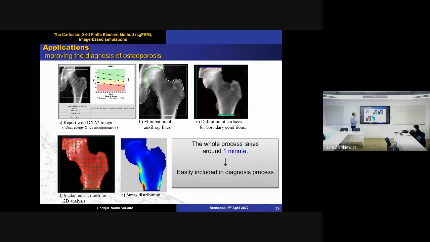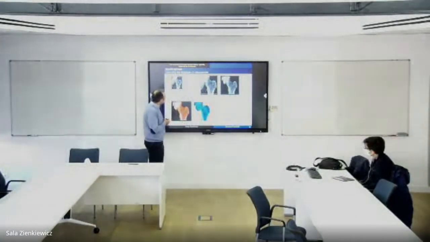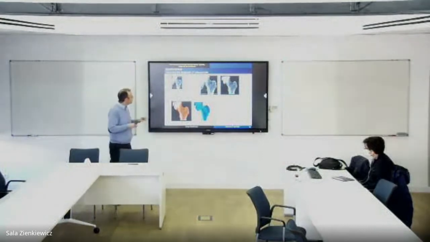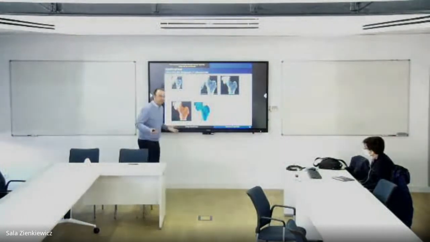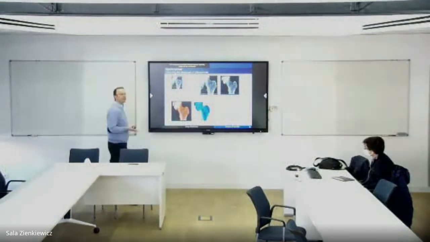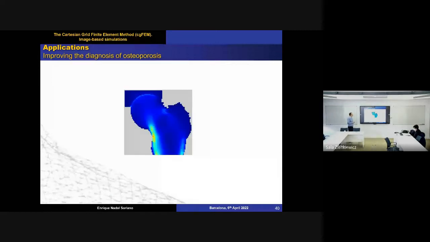So it's really fast. The user only has to define, more or less, where the bone is finished in this green line, and also the weight of the patient. Other things can be done automatically. What information are we now taking into account?